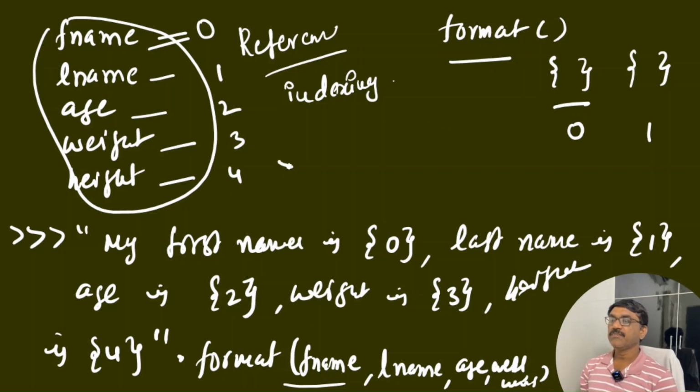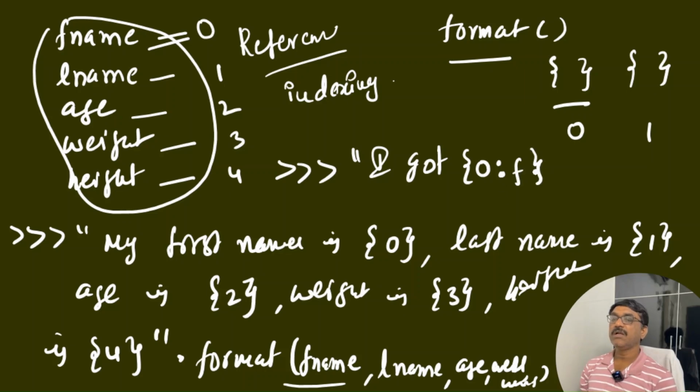For example, here I'm writing in the interactive shell, I got, here I'm writing 0 is the index, colon, and I'm mentioning f and empty. Now I'm closing the brace. I got 0 colon f percentage.